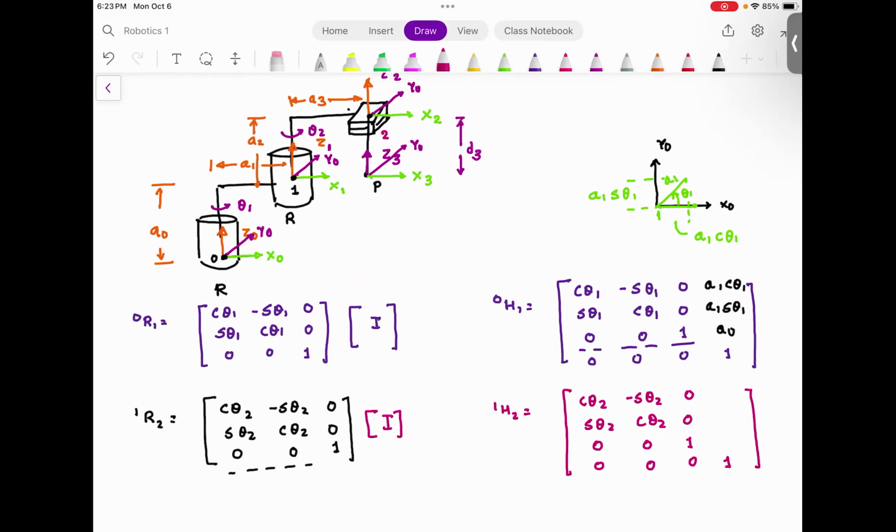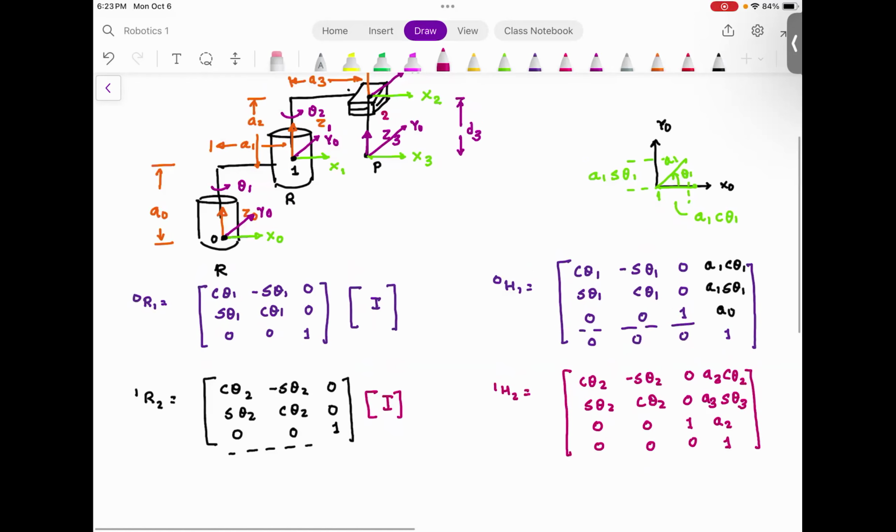Fourth row, fourth column will be 1. What should be in first row, fourth column? Very good. Now last part, and let me see who can tell me the answer for this.